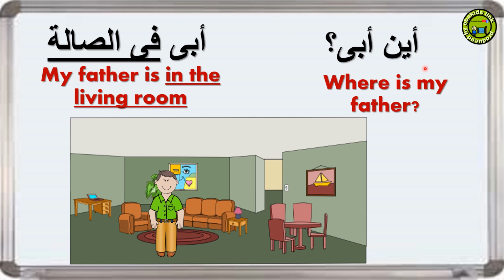But the father takes a pronoun, which is yaa, which means my. So we have to add that my in the answer. Not just completely forget about the my or yaa.